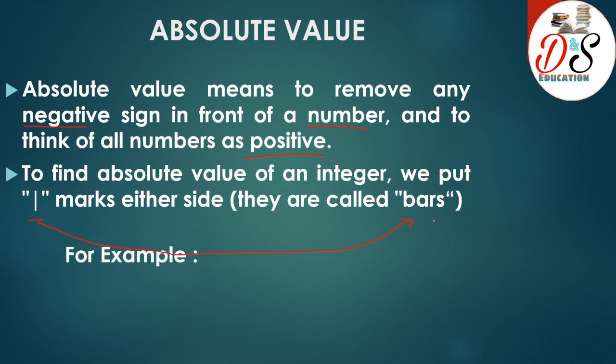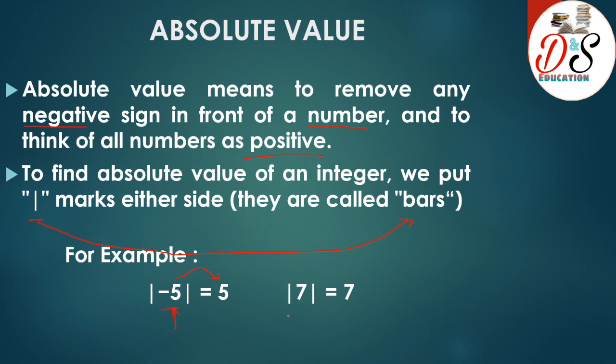Now, for an example, here we have a negative integer, -5. We have to find its absolute value, so we put this negative integer in the bar symbol. Now we get +5 as our absolute value.